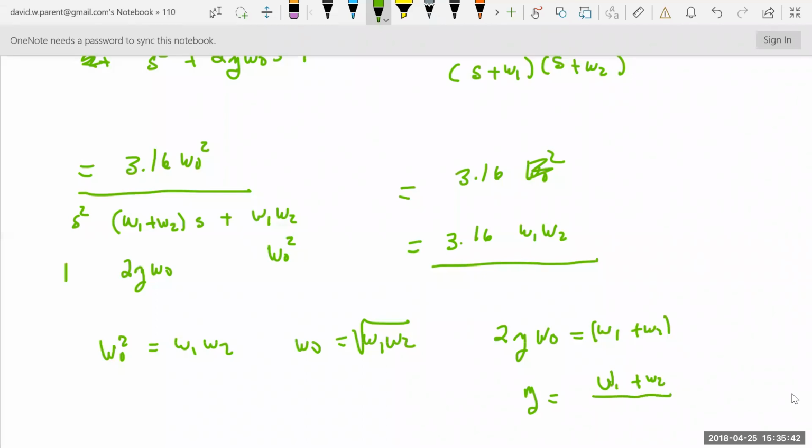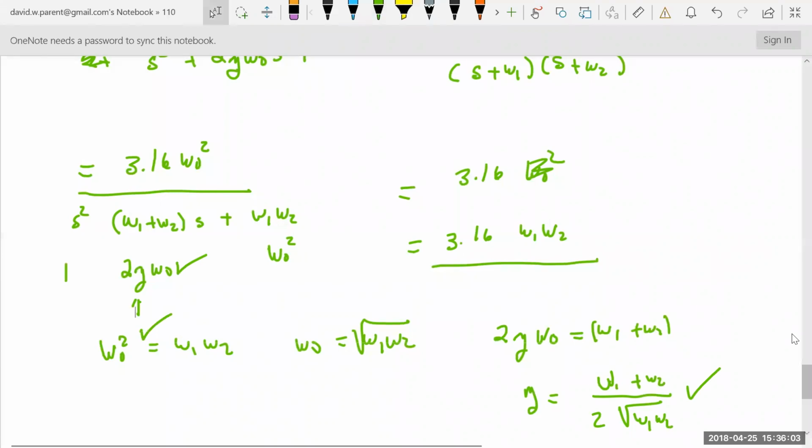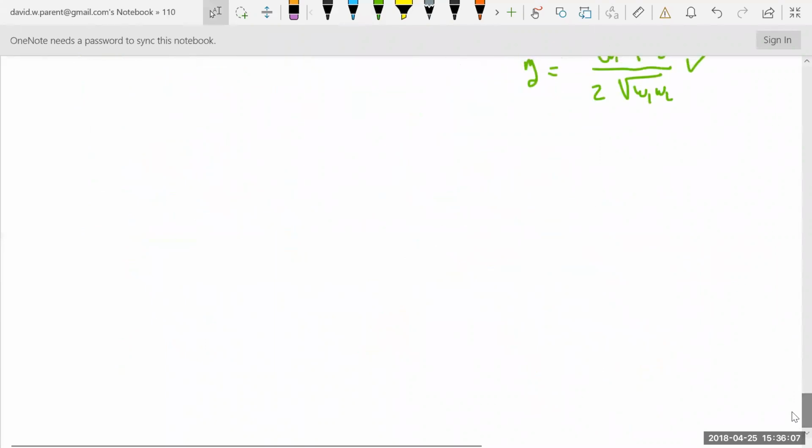What was omega naught? It was the square root of omega 1 times omega 2. Well, that gives us omega naught squared, which gives us omega naught, which gives us the damping coefficient. So that's pretty much solved, right? We found all the things for that.